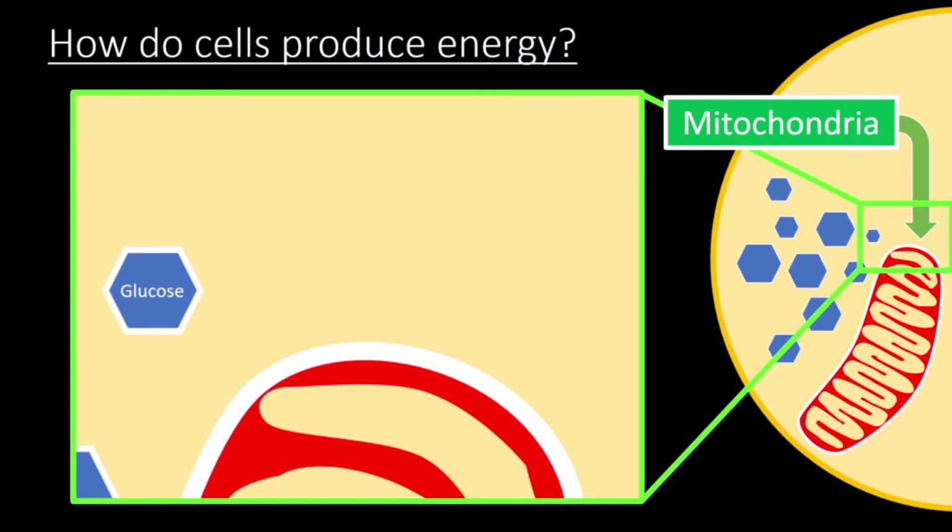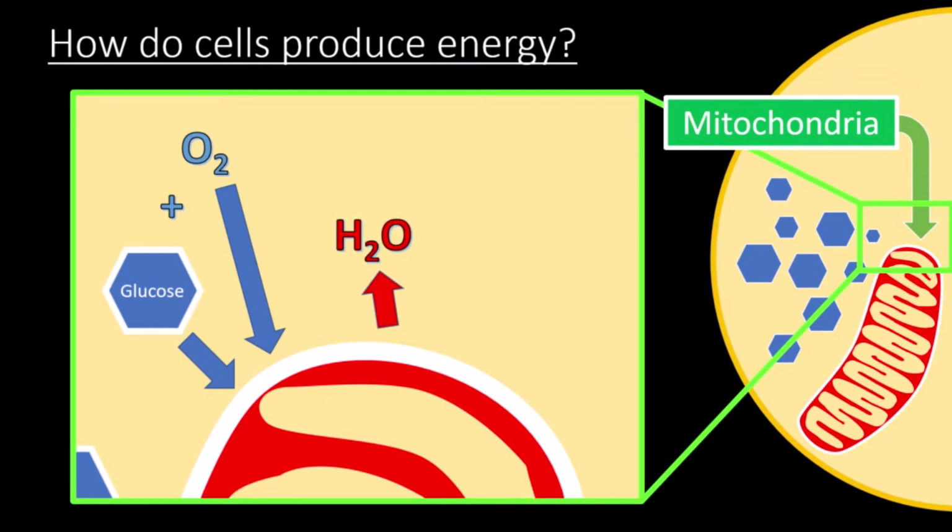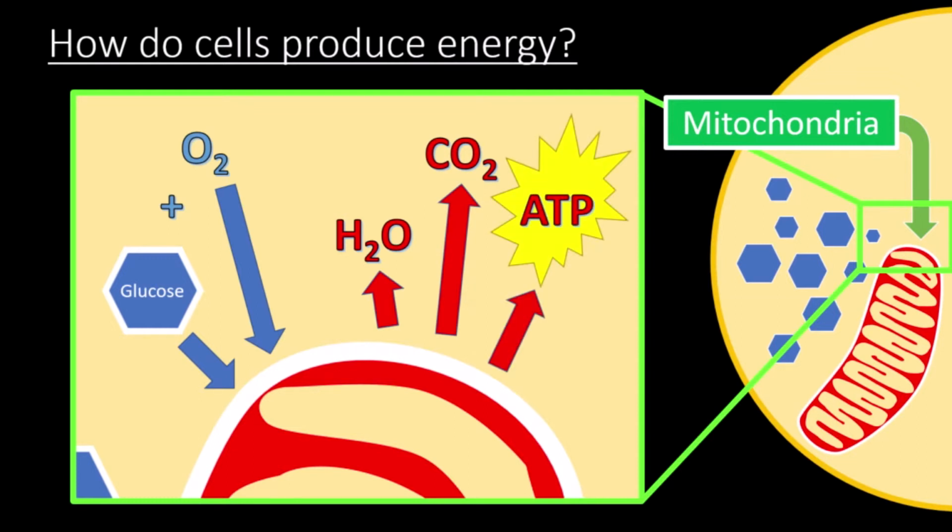So when you combine glucose with oxygen that we breathe, the mitochondria produce water, CO2, which we exhale, and the molecule known as ATP, which is the energy currency of the cell that enables the cell to carry out basically all of its functions. So this was a very brief introduction of how ATP is created.